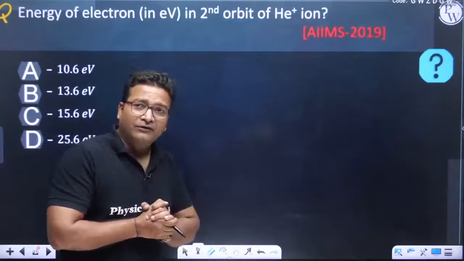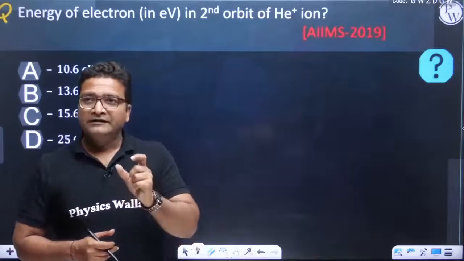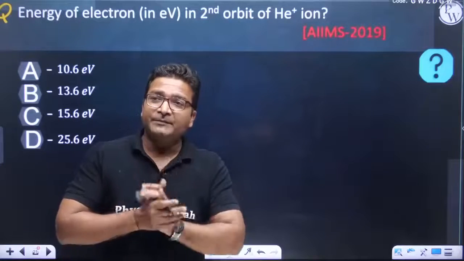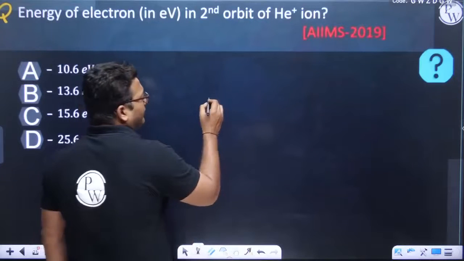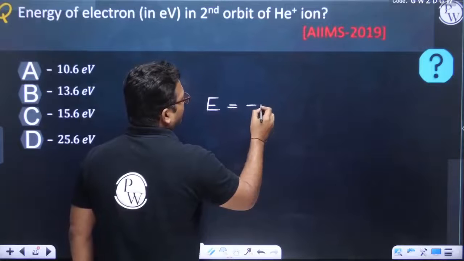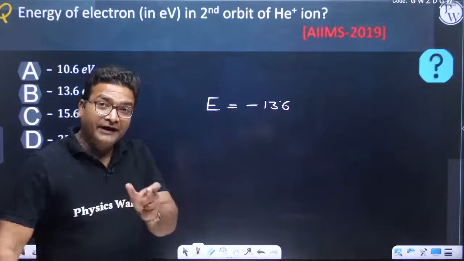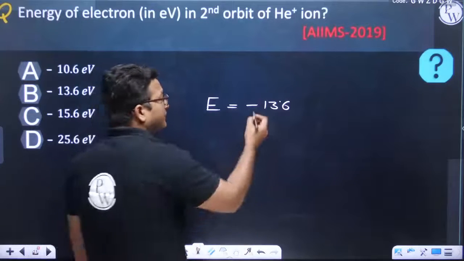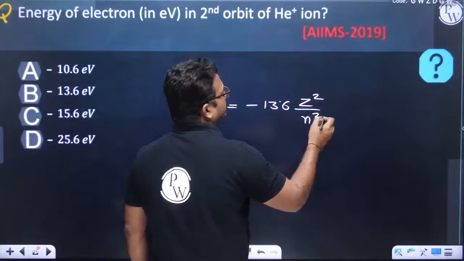They said now energy of electron in second orbit of He plus ion. Okay, so what is energy? As we already know, the energy of electron is given by minus 13.6 because it is equal to negative of kinetic energy, minus 13.6 Z square by n square.